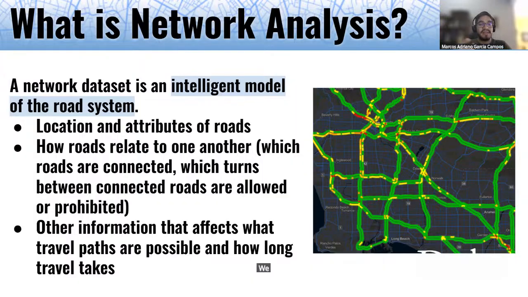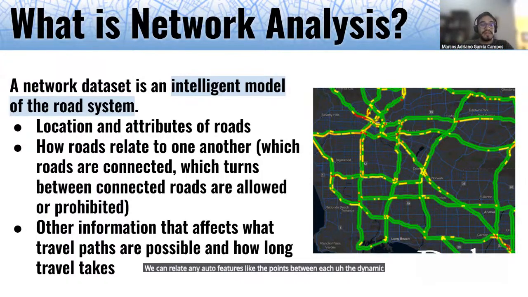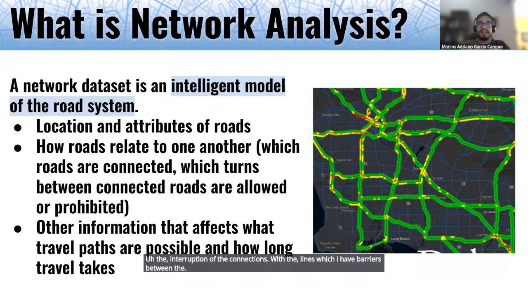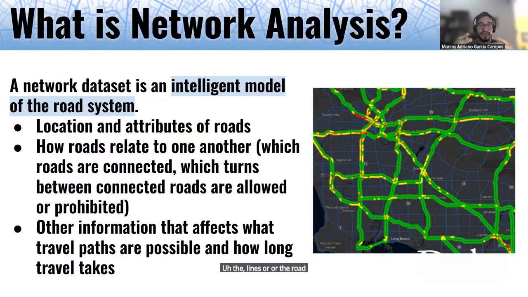We can relate other features, like the dynamics between points, or we can use information that affects travel, like the interruption of connections along the lines, if I have barriers on the roads, whatever. That is very complex, and we can load any information about the roads there.